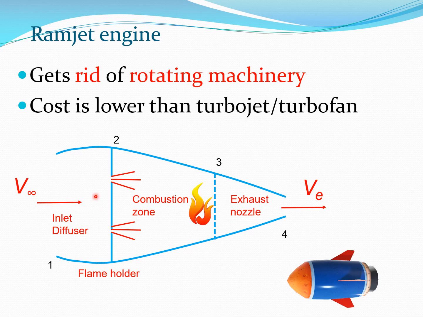There is a combustion zone here where combustion takes place, and then it is exhausted out of the nozzle. So in this case, the points here are simply 1, 2, 3, 4, and all that complex and expensive rotating machinery present in the compressor and the turbine has now been discarded. So obviously the cost of the ramjet is going to be much lower than the turbojet or the turbofan.